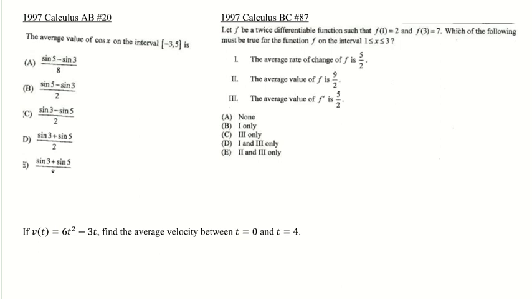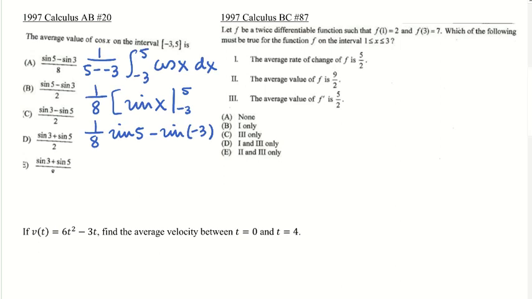All right, here you go. So you probably got down to about this point, and you thought to yourself, well, what's the problem here? I don't see that answer choice. Over time there have been fewer trig identities required of y'all on the AP exam, and 97 wasn't that long ago.